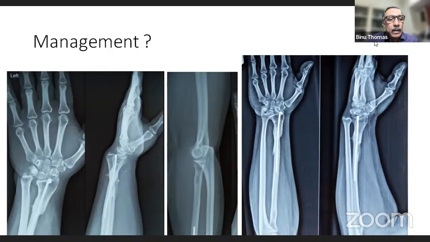But again, what is the cartilage like at that joint? It will be difficult to say at this point. But I would try to actually correct the radius and see if the ulna falls in place here primarily before planning for any stabilization.